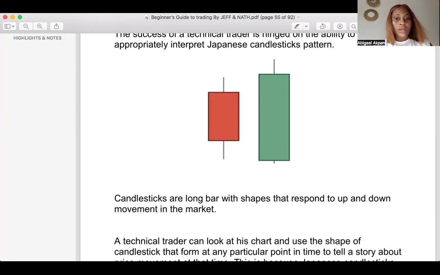So now, candlestick pattern has different types. Candlesticks are long bars with shapes.